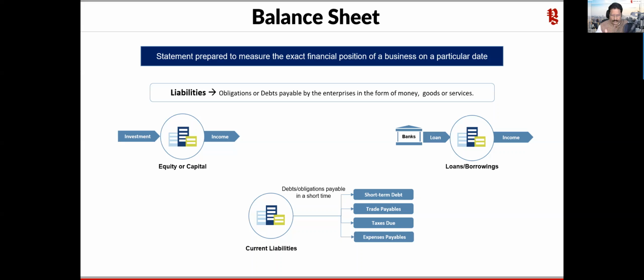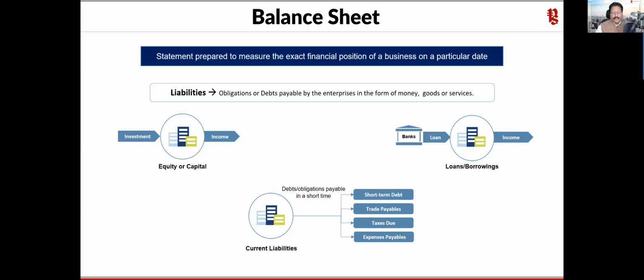So I hope the liabilities section of the balance sheet gives you more clarity on how these liabilities are represented and what the objective is behind representing them in this order, so that we are clearer about it, right?